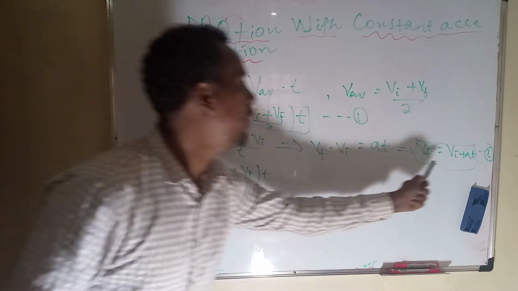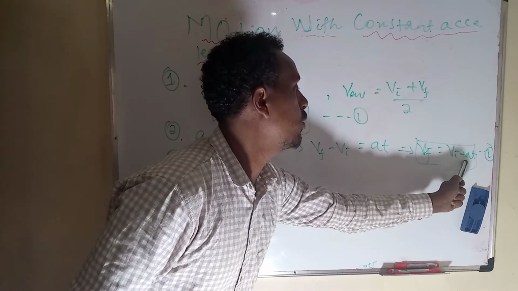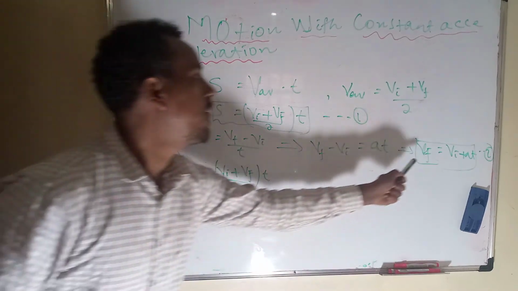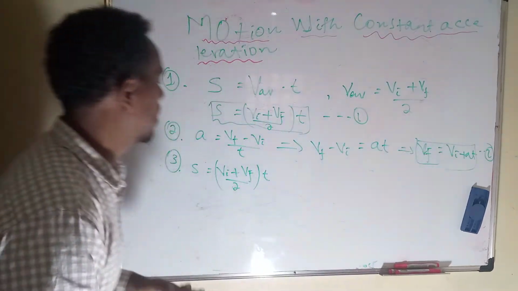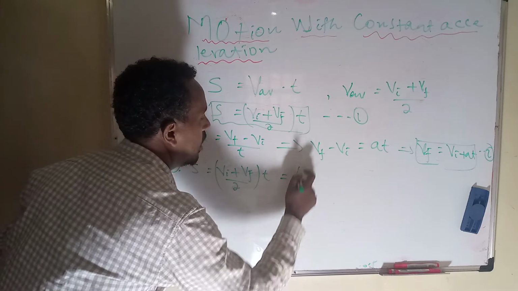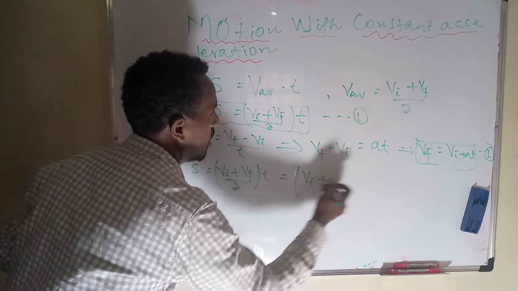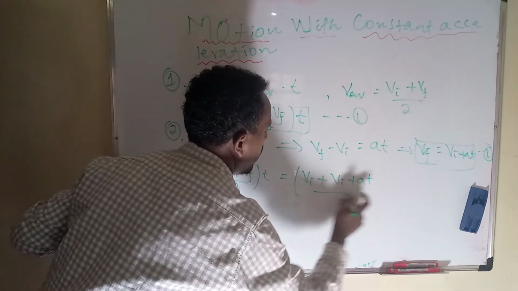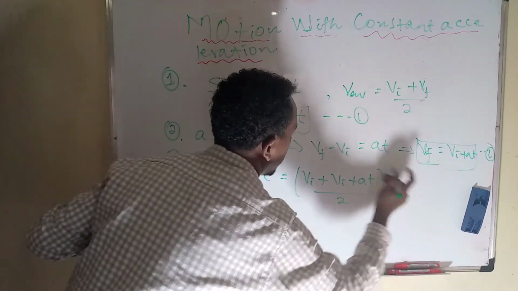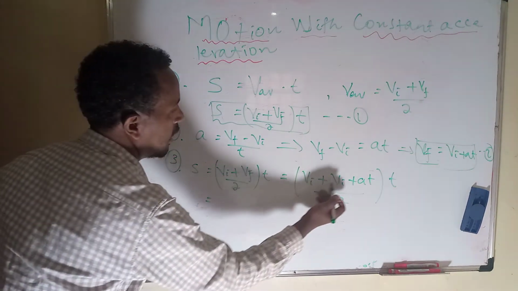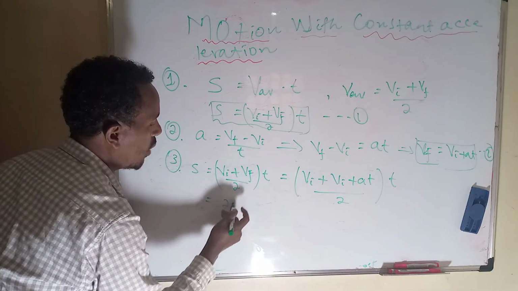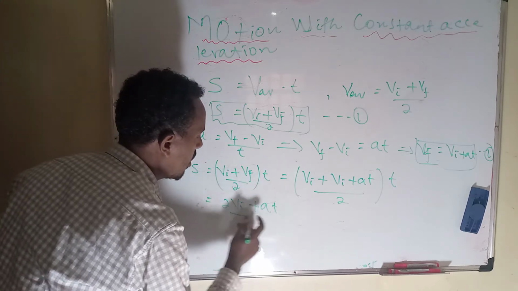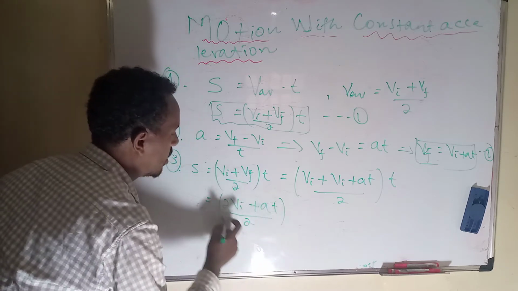Here final velocity is equal to initial velocity plus at. Let's substitute this here, because final velocity is equal to this expression. So this is equal to initial velocity plus initial velocity plus at, over 2, times time. So this is twice the initial velocity plus acceleration times time, over 2, times time.